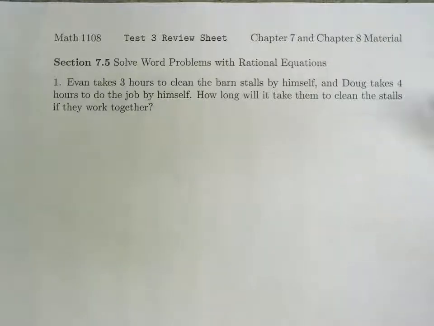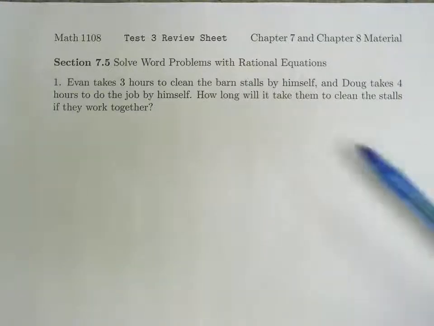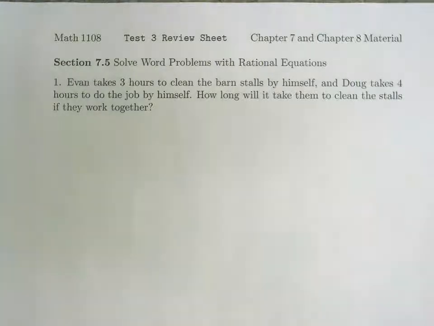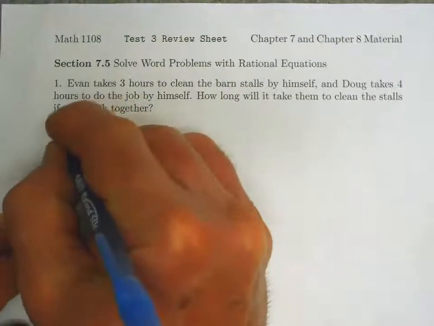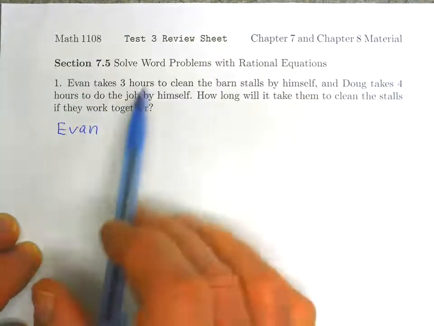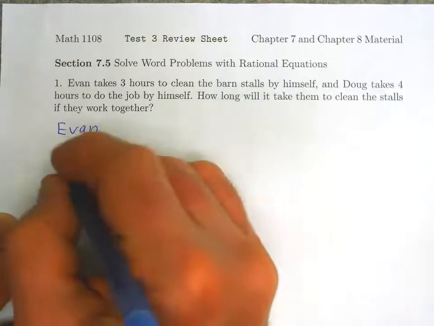Well, this problem describes completing a job, one job. So equations will have the form rate times time equals 1. For Evan, he works for 3 hours to clean the barn stalls by himself.